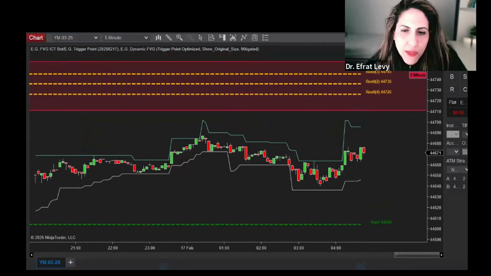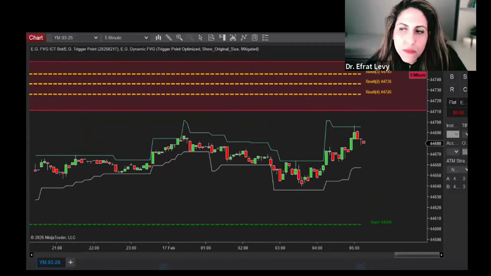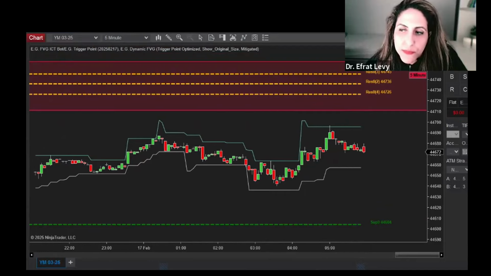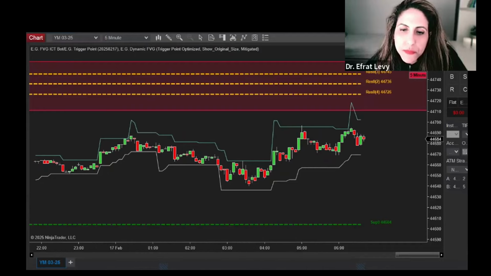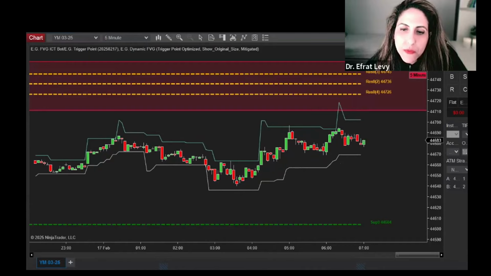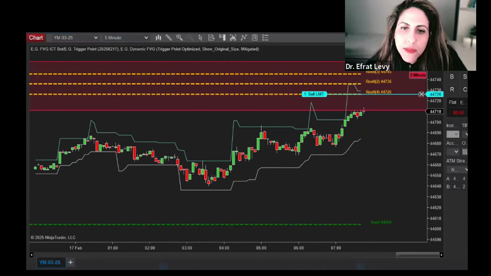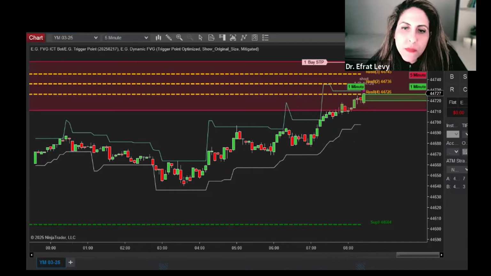So what we expect the fair value gap bot to do here is to place pending orders on the trigger points that align with the fair value gap. Order submitted. If you have any questions, guys, feel free to leave them in the chat.